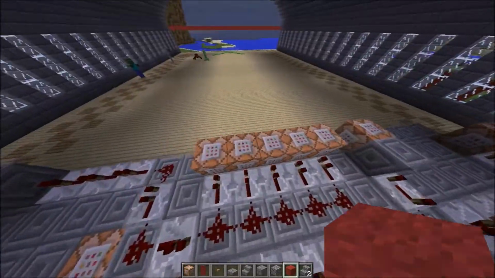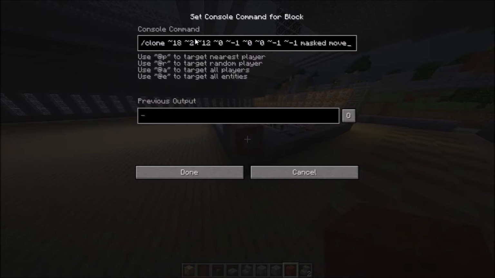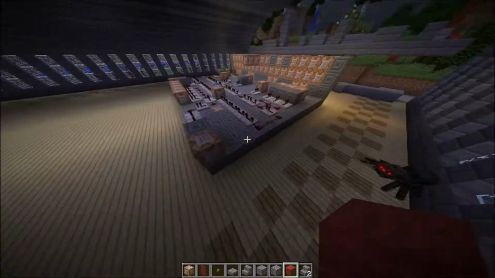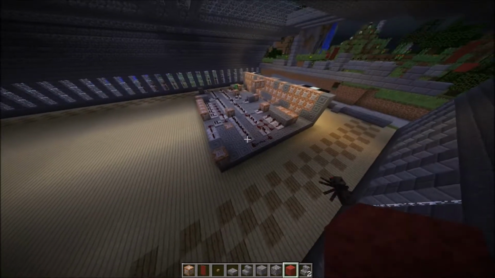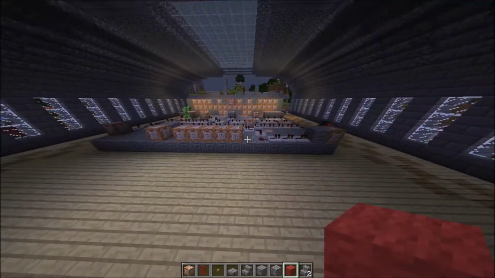And it is not strictly necessary, because this block here, which creates the movement by the clone command, using mask and move properties, basically moves the whole thing forwards, and it wouldn't need any kind of assistance to make room, right?